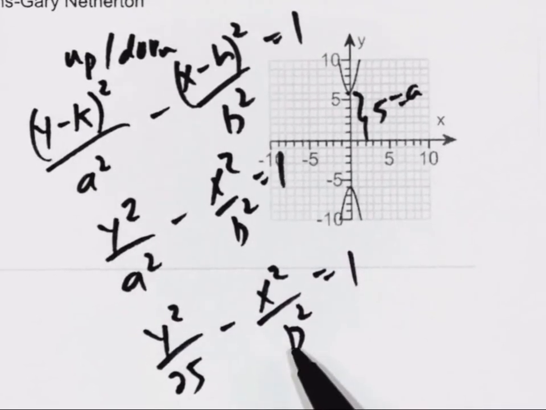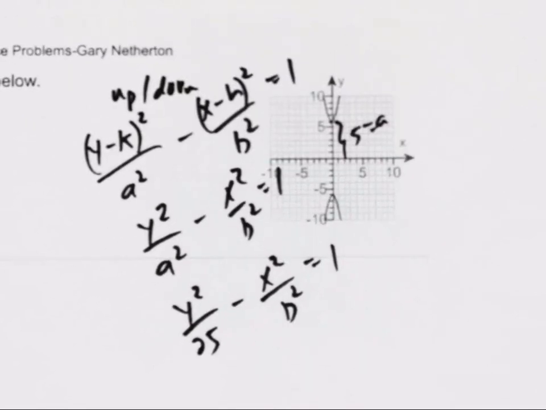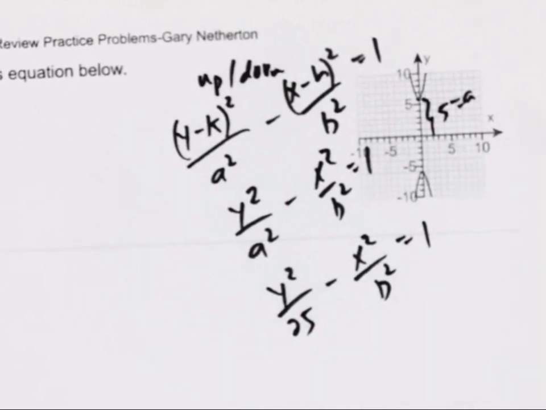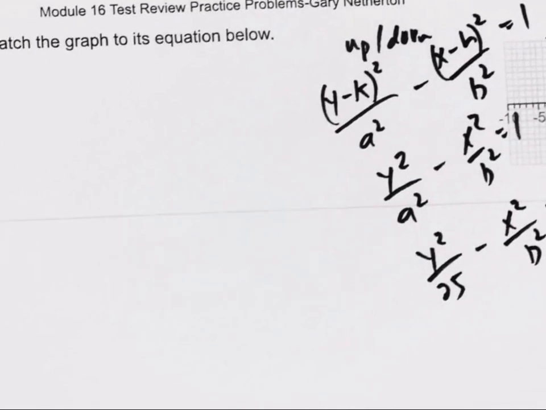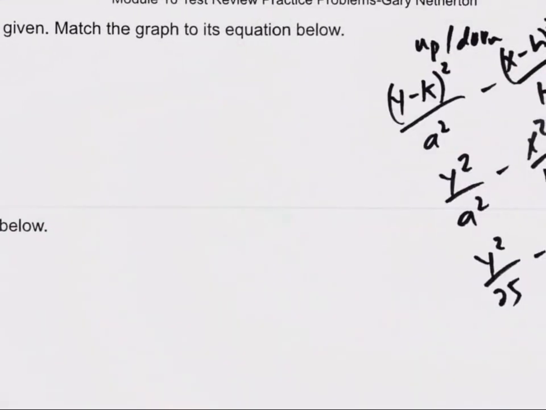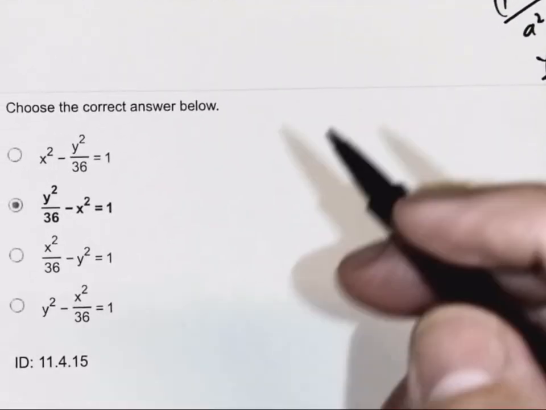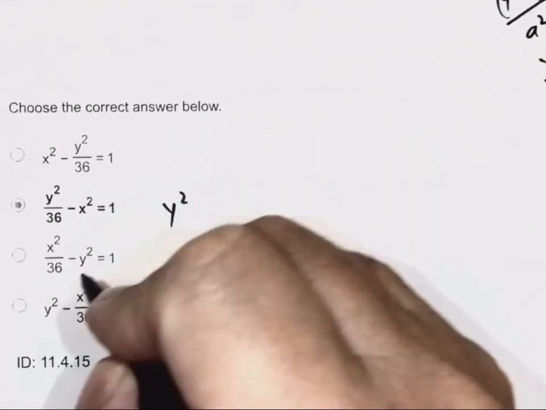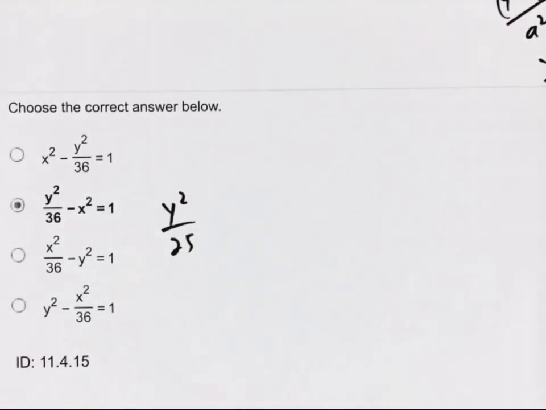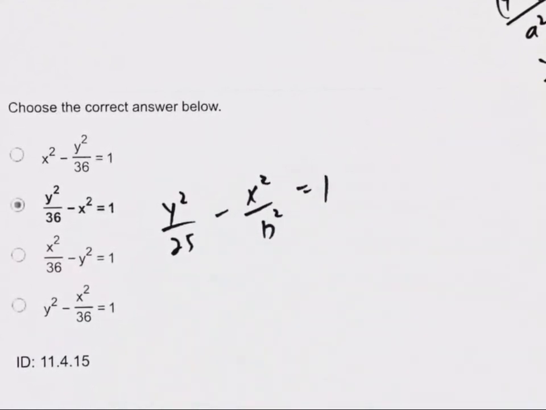I don't know the b yet, but you know what I'm going to do? I'm going to go look at my choices, and maybe by now I can already figure out the correct answer. I don't have to know everything. So let me go over here and write what I've got so far. I'll write over where we can see it. So far I know I've got y squared over 25 minus x squared over b squared equals 1.